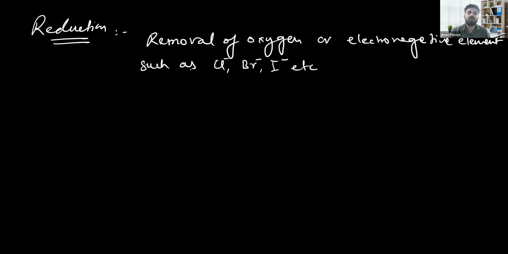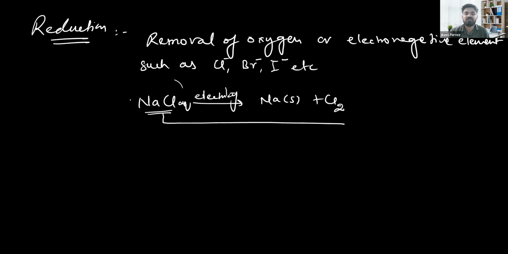For example, if I have NaCl and I pass electricity through it, it gets converted into solid Na and Cl2 gas is released. This is reduction because I'm removing chlorine, an electronegative element. So reduction of NaCl is taking place.